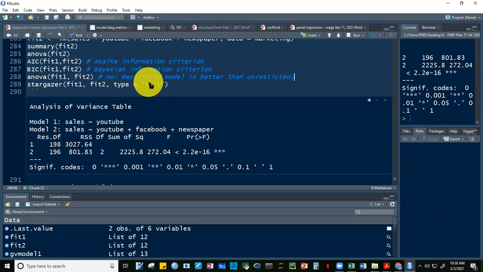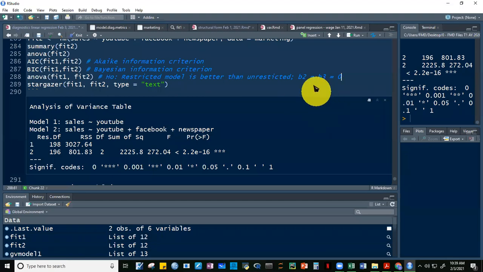Okay. In other words, kasi nadagdag tayo ng ano, di ba? Dinagdagan natin ng B2 at saka ng B3. Si B2 si Facebook, si B3 si newspaper. Ang sinasabi natin dito, B2 is equal to B3 is equal to 0. Yun ang null hypothesis natin dito. Okay?